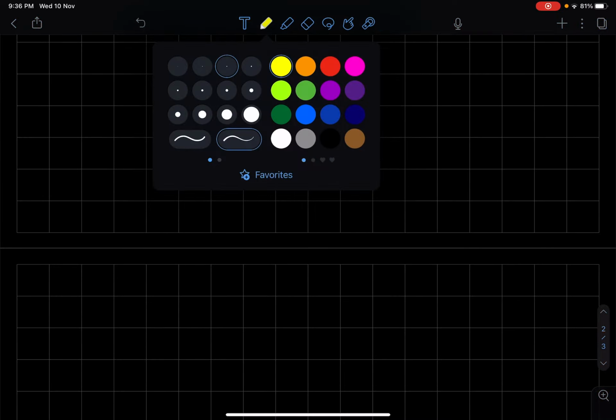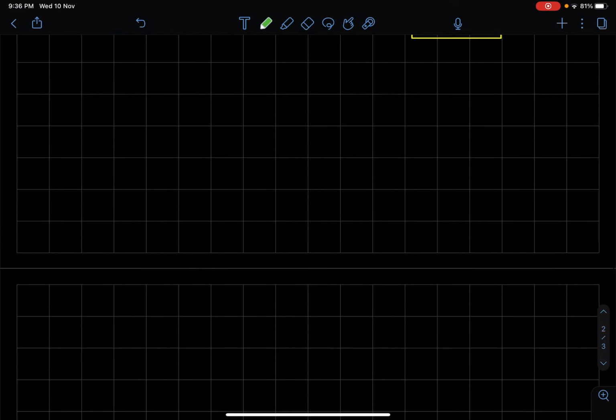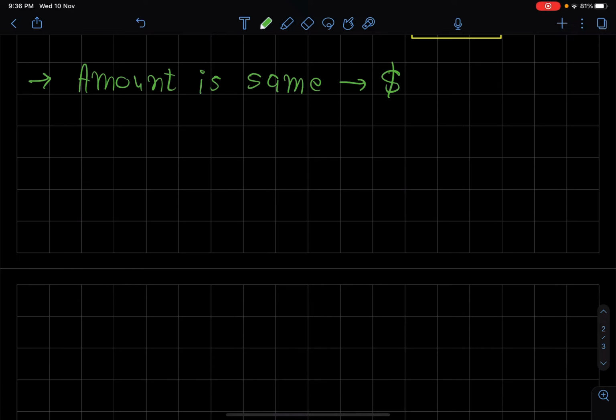Now if we have a different scenario in which the amount is the same, that is $X, and there are now 3 persons.